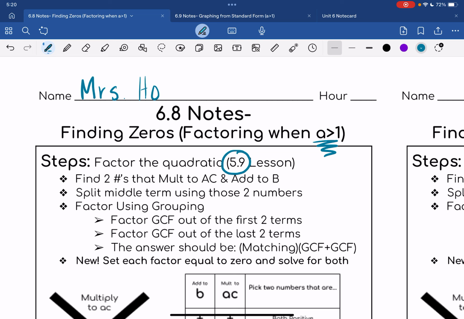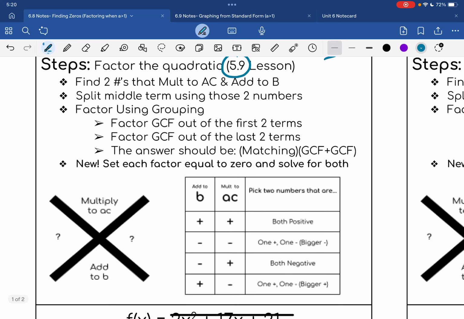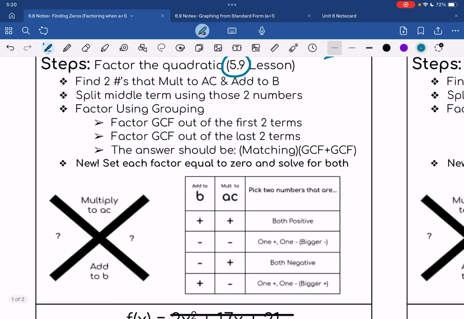So a reminder of how we factored back in 5.9, and then we've obviously got examples: we would find two numbers that multiplied to AC and added together to B. We would split up the middle term of our quadratic using those two numbers, and then factor using grouping.